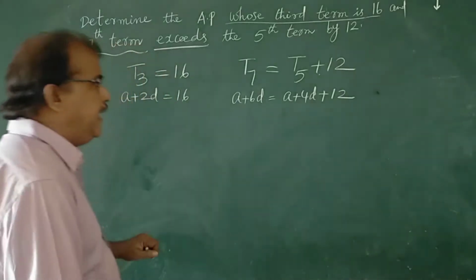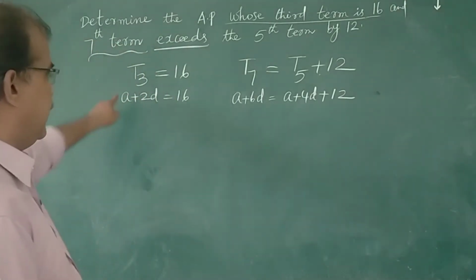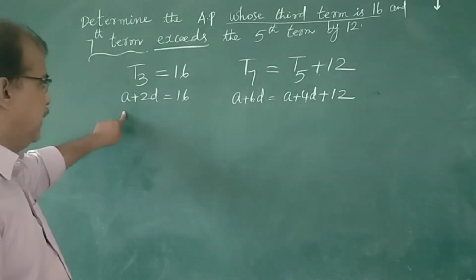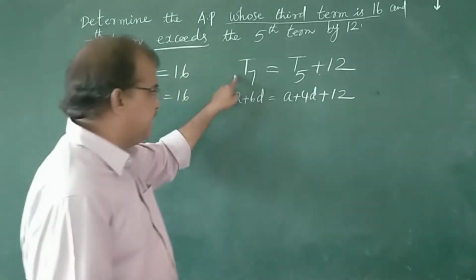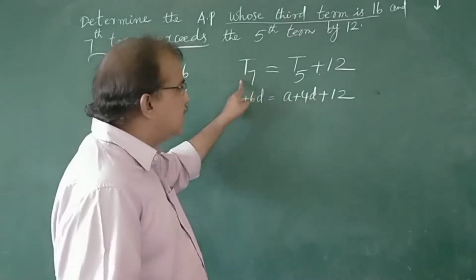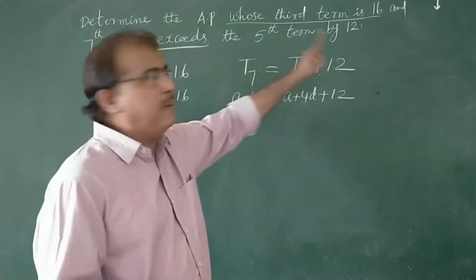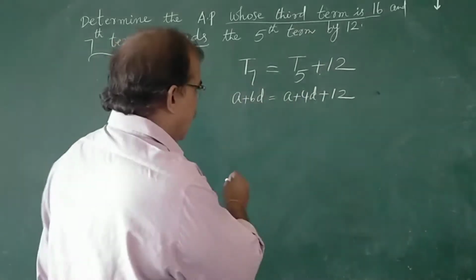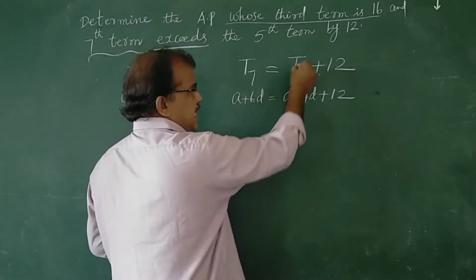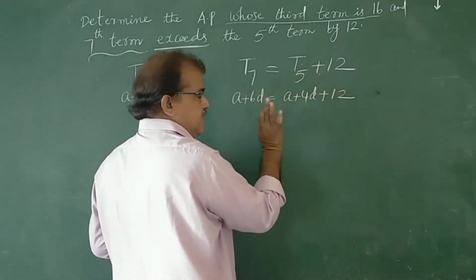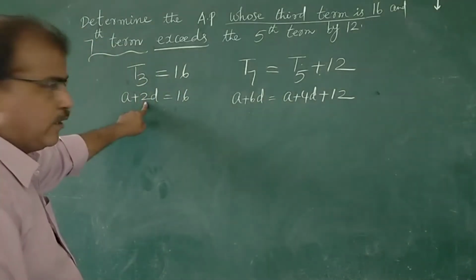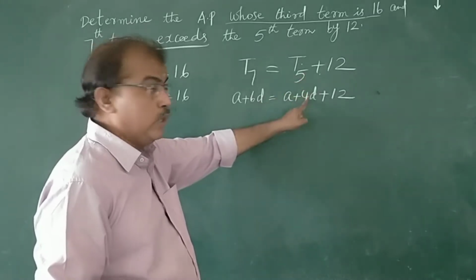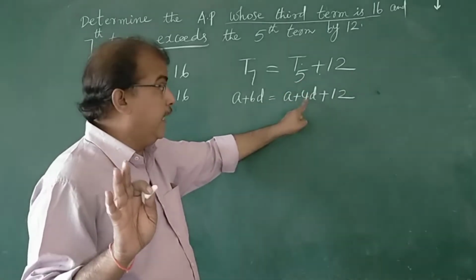Seventh term exceeds fifth term by 12. Now, seventh term is a plus 6d, fifth term is a plus 4d, plus 12. This is very important: if it is the third term, 2d will come; if it is the seventh term, 6d will come; if it is the fifth term, 4d will come.